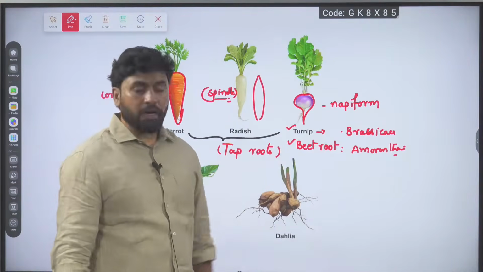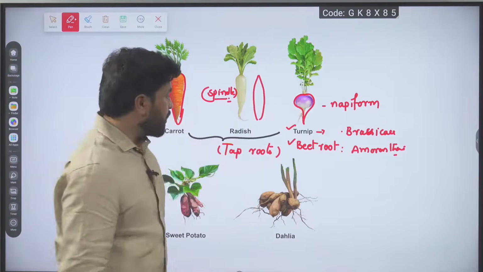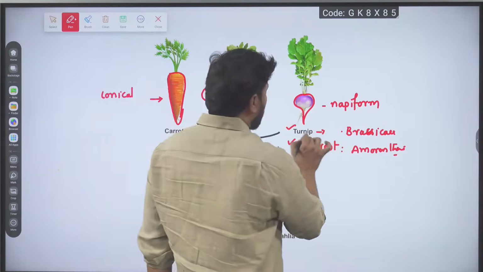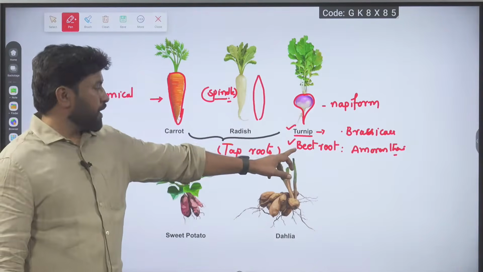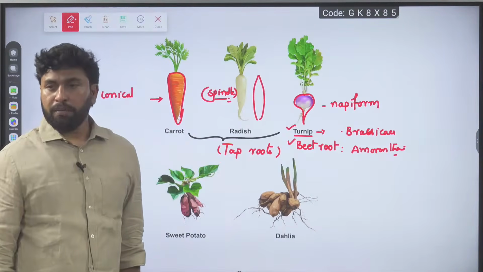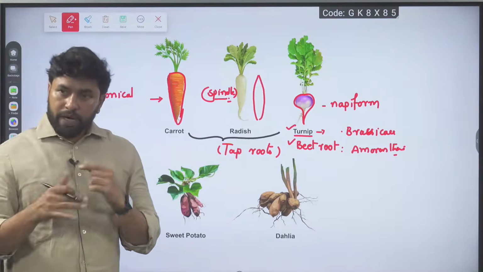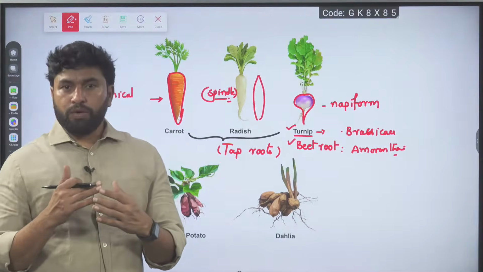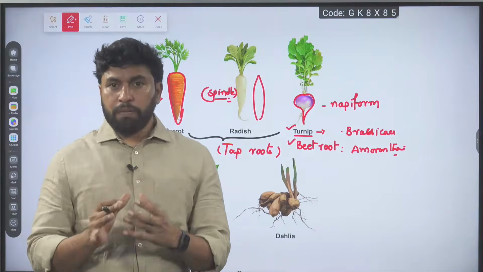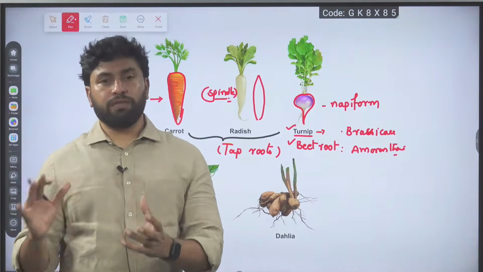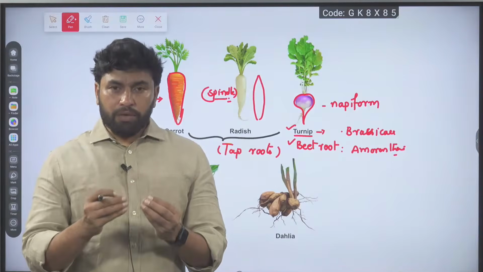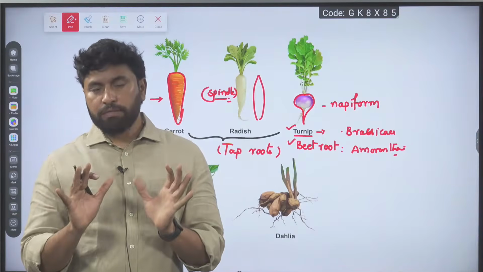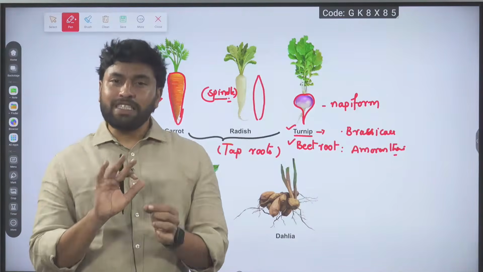The shape is called napiform. Now, turnip's scientific name is Brassica rapa, and beetroot's scientific name is Beta vulgaris. If you write for a napiform shaped taproot which is storing food, either turnip or beetroot, both are same, but both are not the same plant.